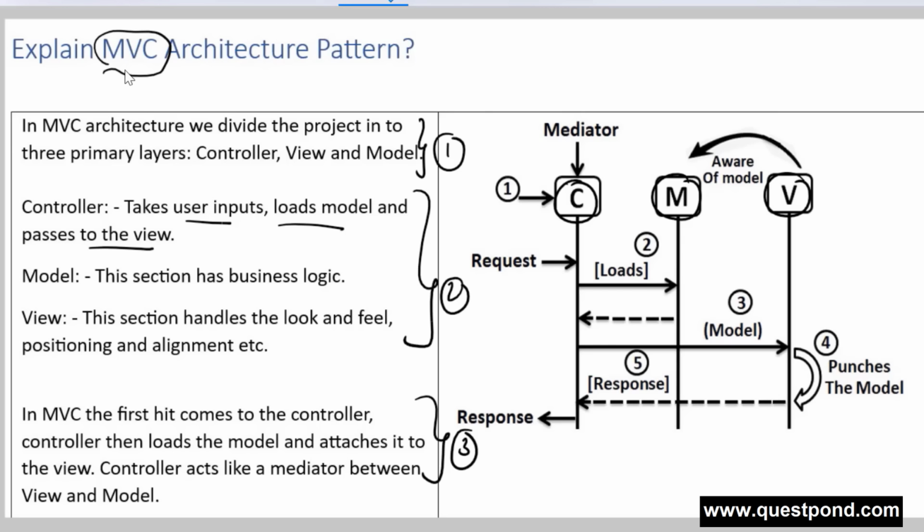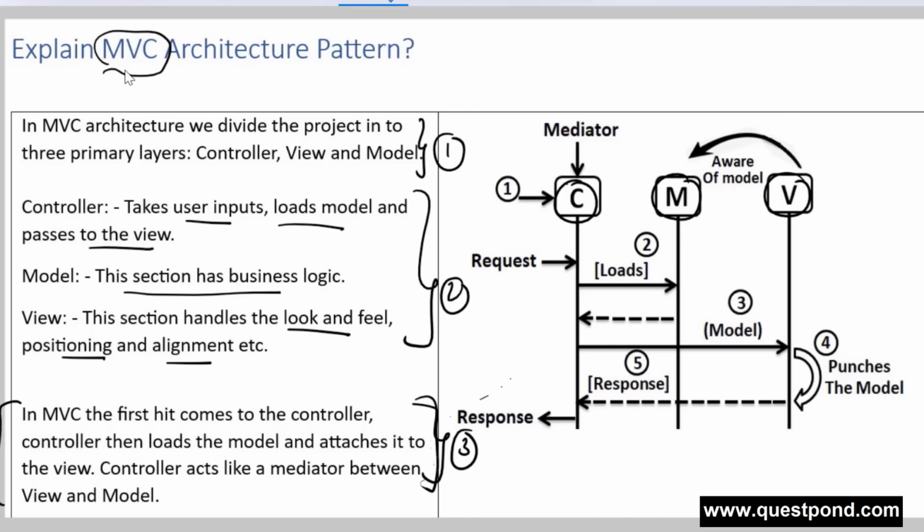After that, the model has the business logic and the calculation logic and so on. And the view is for look and feel, for positioning and alignment. So in the second section, try to talk about the concerns, what every section has. And finally, talk about the flow.